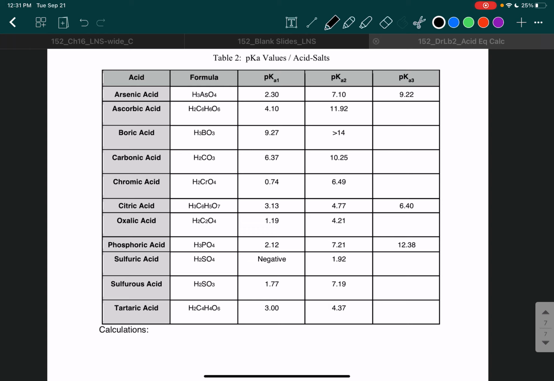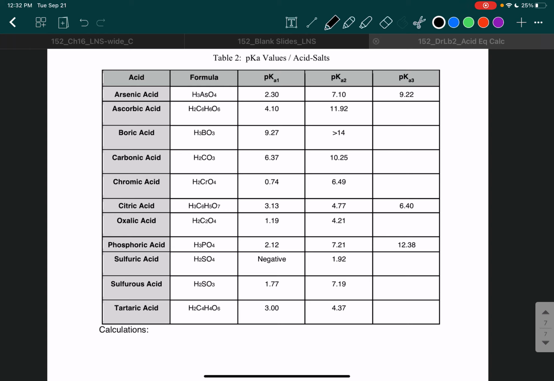This is the last page of the lab that we're doing. But you're given these different pKa values for the different acids there. We didn't talk about this, but for the triprotic acid, you get multiple pKa values. But you take this information and you convert it to the Kb to then do these calculations.